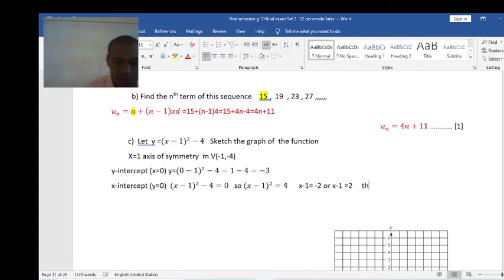This gives x, minus 1, I will transfer it, it will be 1. 1 minus 2 is minus 1, so x equals minus 1. Or x minus 1 equals 2, I will transfer minus 1, it will be 1. 1 plus 2 is 3, or x equals 3. So we found the roots.